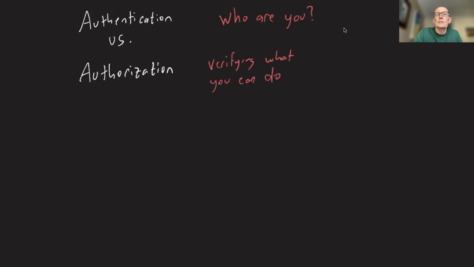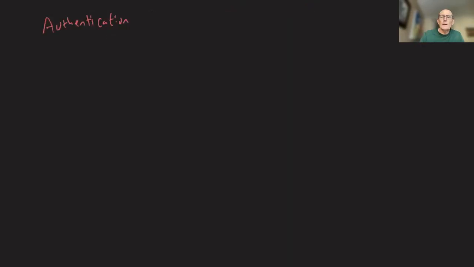That's authentication versus authorization. We're going to start out by talking about authentication and how to do that with React. For authentication, what we can do in React is use a hook. There are a few hooks to use. One is you need to get the authorization state.